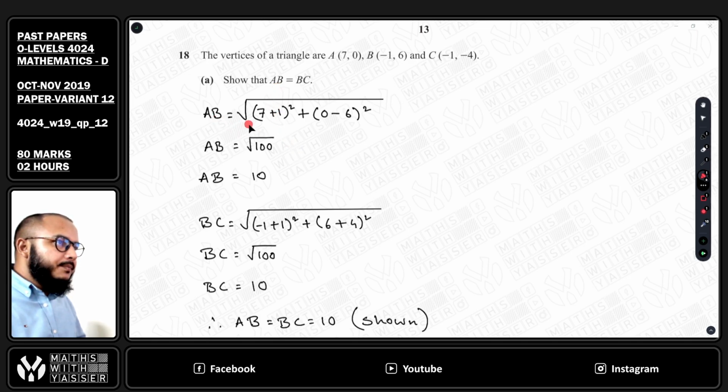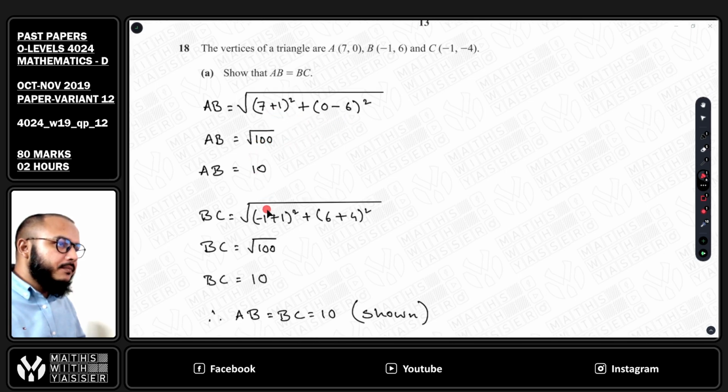So AB will be root over x2 minus x1, which is 7 minus -1, that gives you 8 whole square, plus y2 minus y1, which will be 0 minus 6 whole square. That gives you 8 square, which is 64, plus 6 square, which will become 36. So 64 plus 36 will be 100. So square root of 100 is 10.